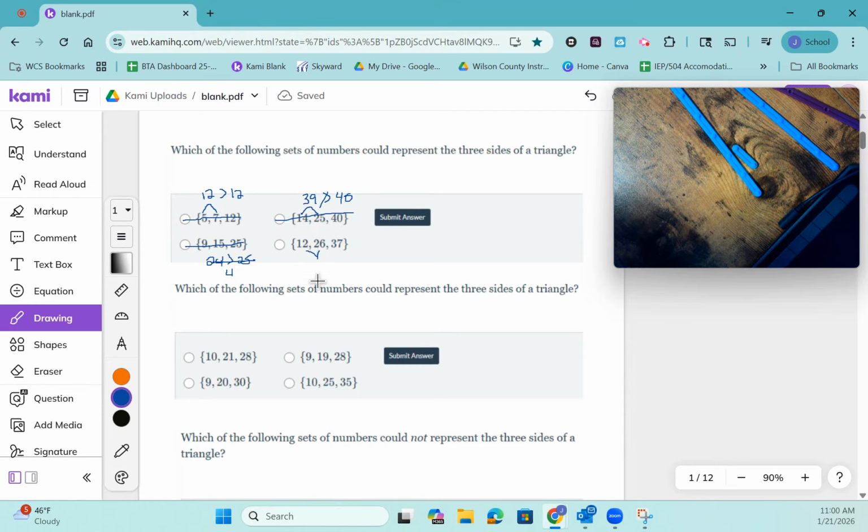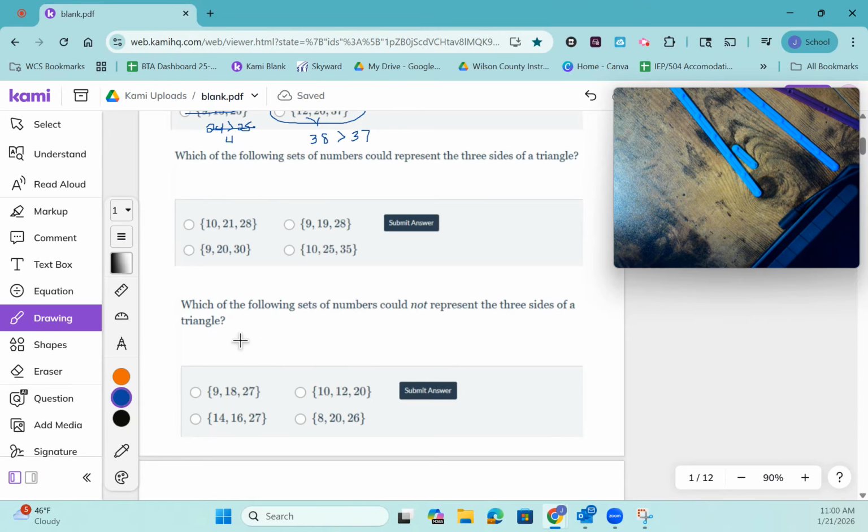Now, 12 and 26 will create 38, which is greater than 37. So yes, this would be my correct answer here. You would go through that same process on that problem. You can try that on your own.